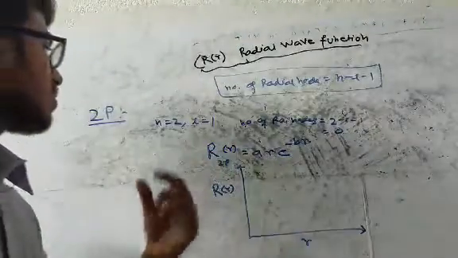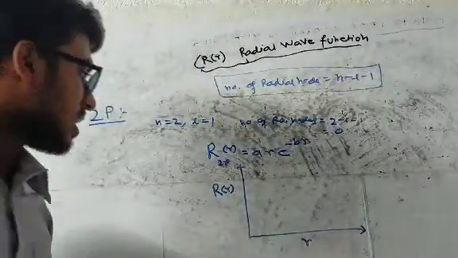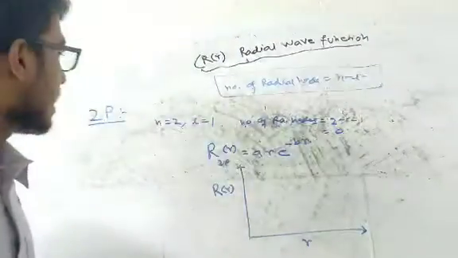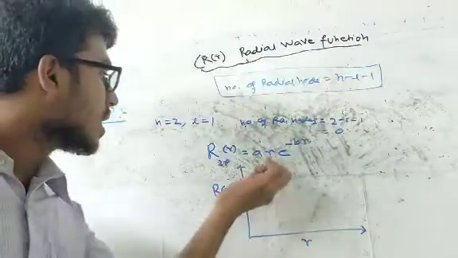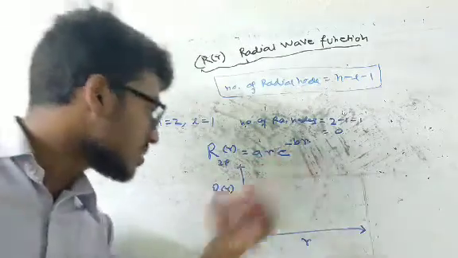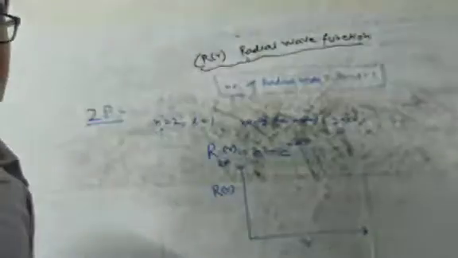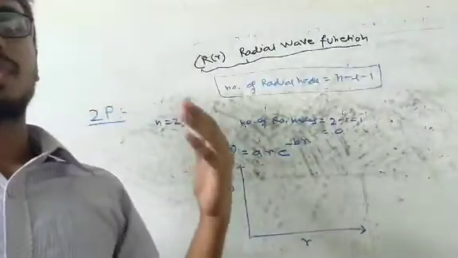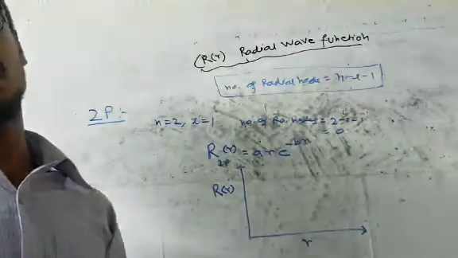What is the contrast with 1s or 2s? In the case of an s orbital, the graph always starts from the y-axis, but in the case of p or any other orbital, the graph always starts from the origin.